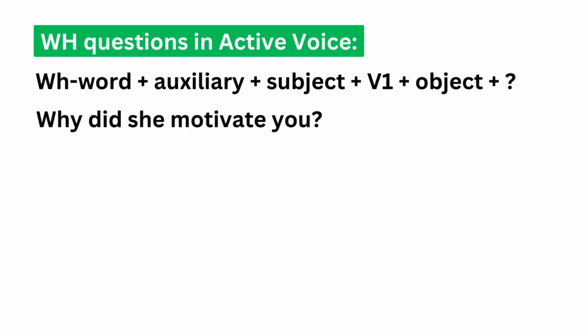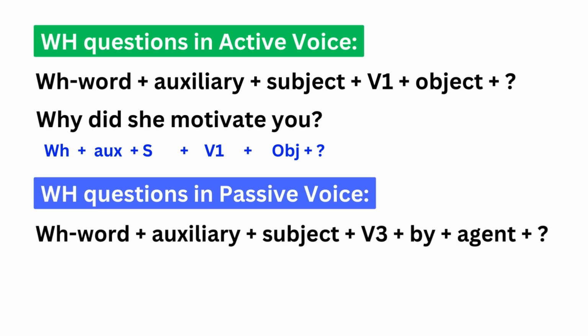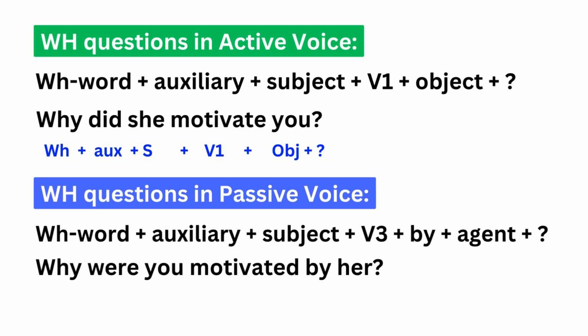For example, why did she motivate you? While changing the sentence into passive, this structure becomes WH word plus auxiliary plus subject plus past participle plus by plus agent. Why were you motivated by her?